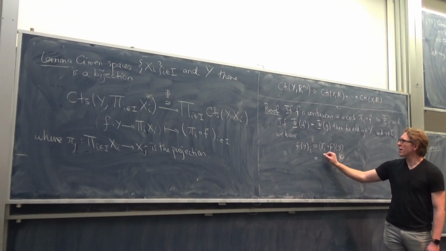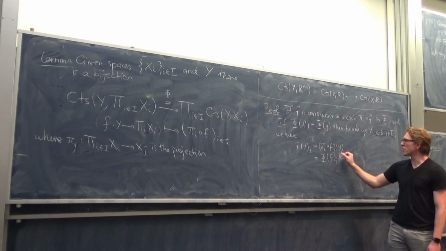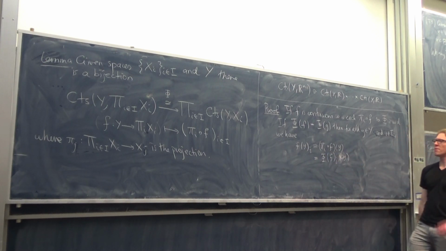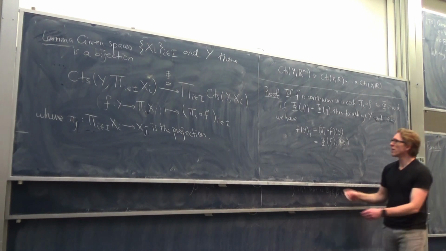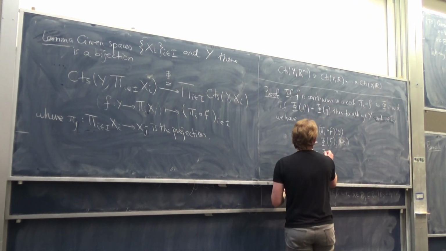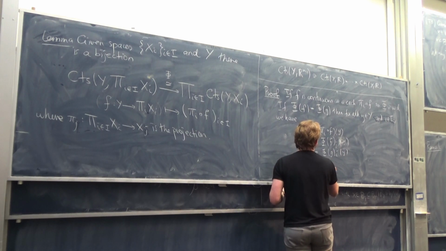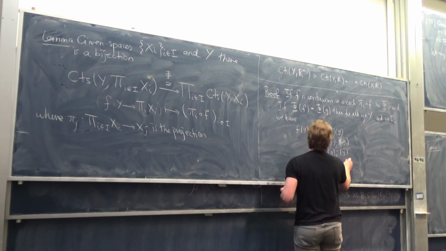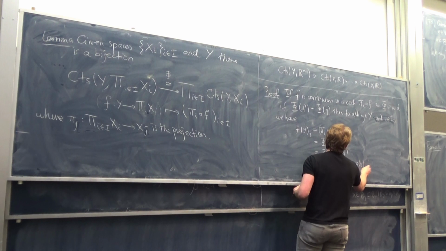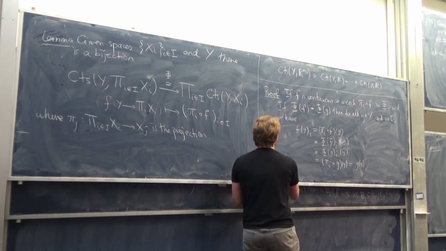But pi i circle f is the function which lives in the ith coordinate, so phi f is some sequence of functions, and that's the thing in the ith position. So if I take now that phi g and phi f are the same, I'll just keep going. So f equals g.